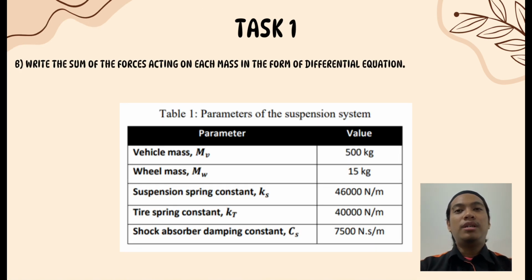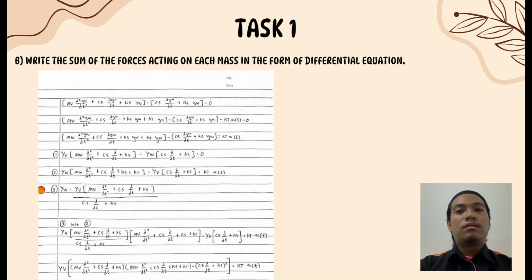So in question B, write the sum of the force acting on each mass in the form of differential equation. In Table 1, we will be given the parameters and the values of the parameters. So how do we do the differential equation?